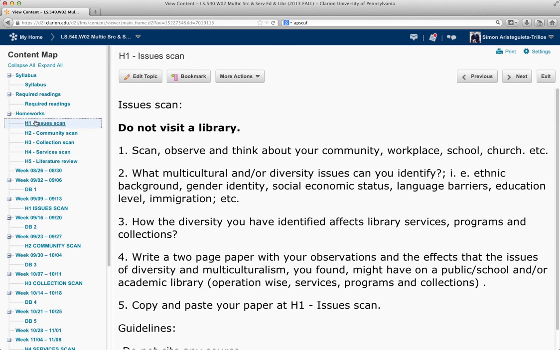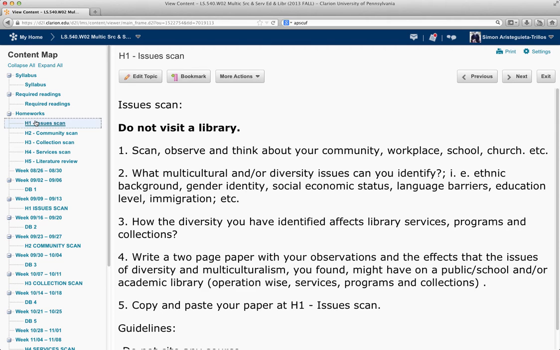Here, for example, in Clarion, we have a low diversity on ethnic background. Almost everyone here seems to be of one ethnic group. There are some minorities like me, and probably two or three more, but ethnically, there's not too much diversity. However, there is a big diversity in terms of religious affiliation and in terms of education level.